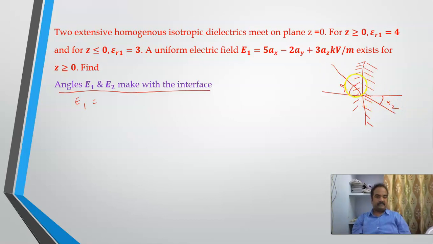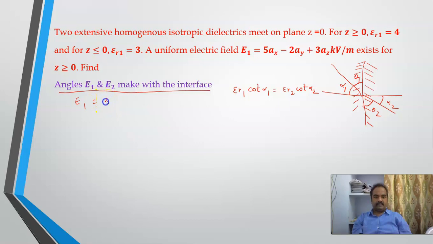He is asking us theta 1 and theta 2. So first let us just determine alpha 1 and alpha 2. Okay, because we know one particular equation, boundary condition 3, which states that we can employ this equation, or we can directly employ one particular equation, which I will show you.